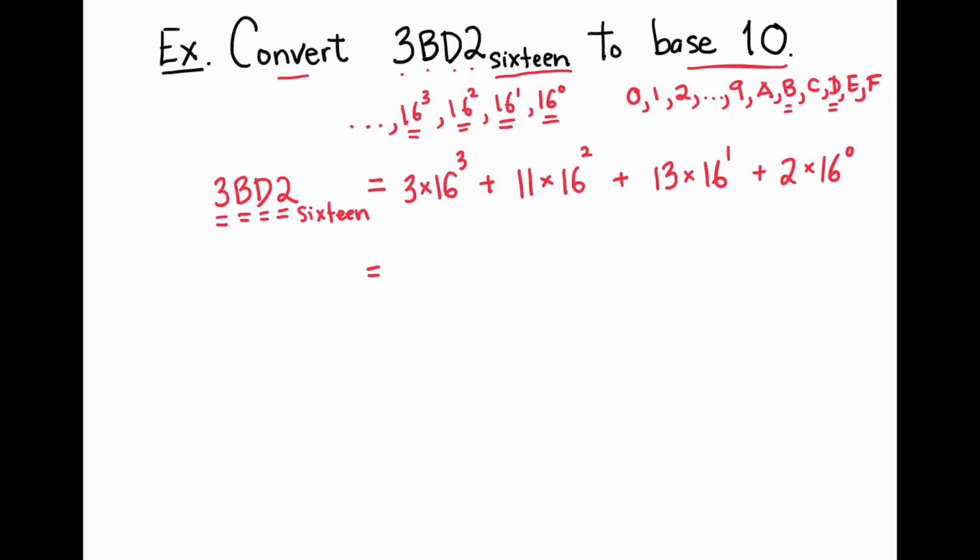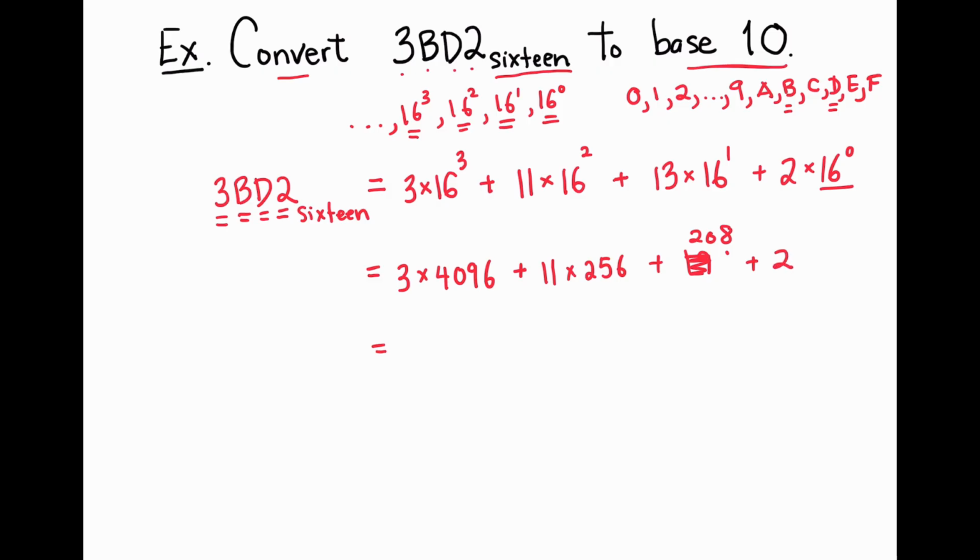Simplifying a little bit, we have 3 times 4096 plus 11 times 256 plus 208, plus 16 to the 0 is just 1, so this is 2.